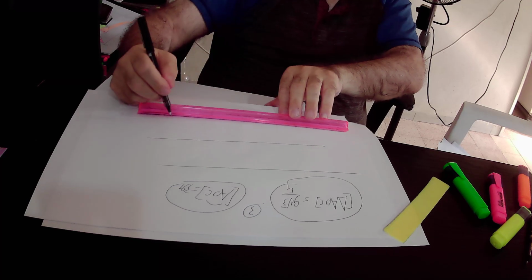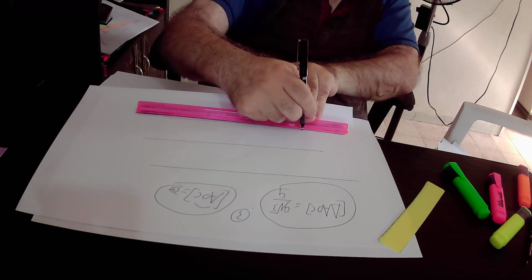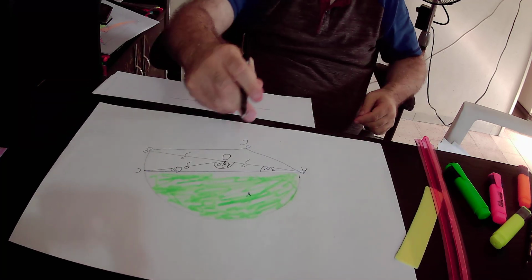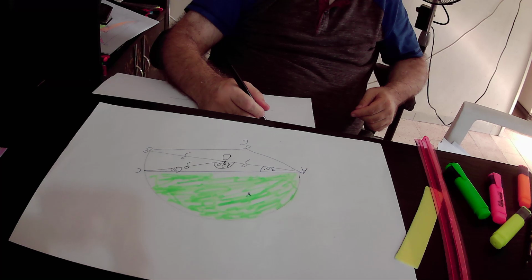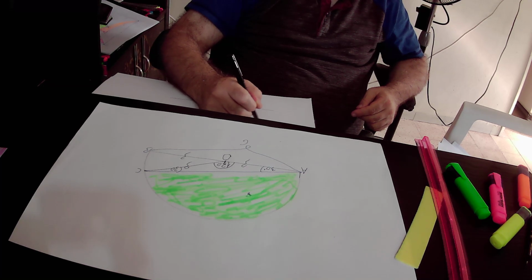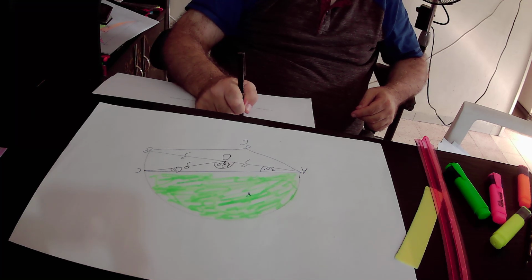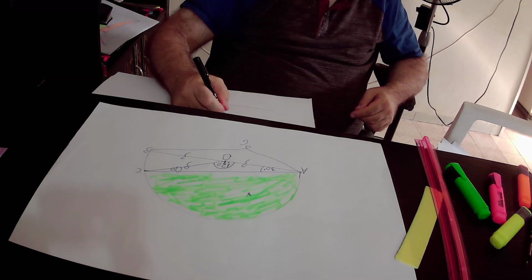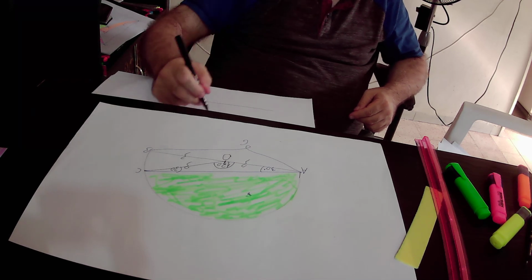Here, from the drawing, it is very easy to see that the area of this green shape is the area of sector AOC minus the area of triangle AOC.